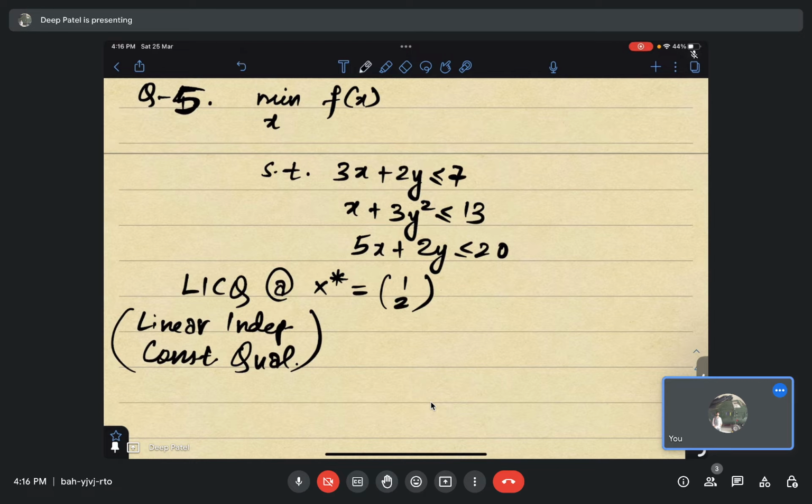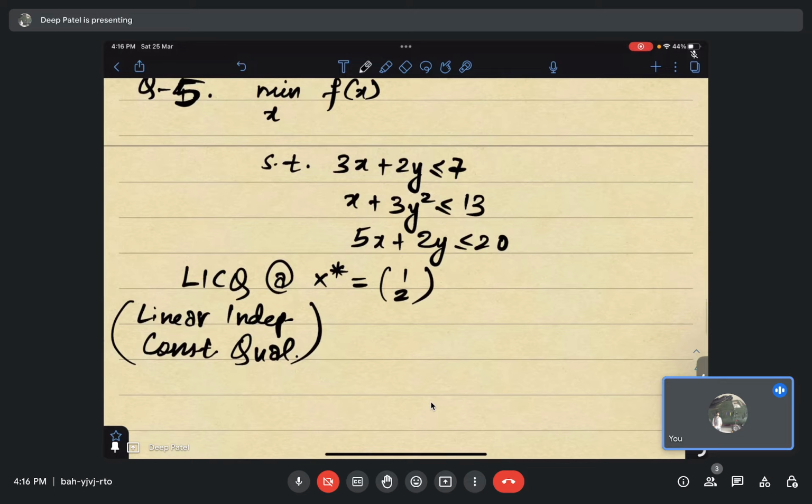Before going beyond that, we can say which constraints are active. We need to check that, because we only check for those. So only for the active constraints we will check.